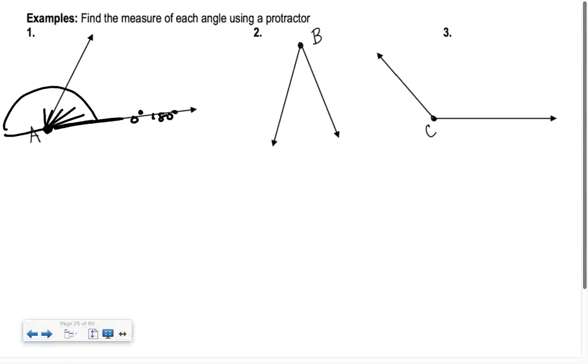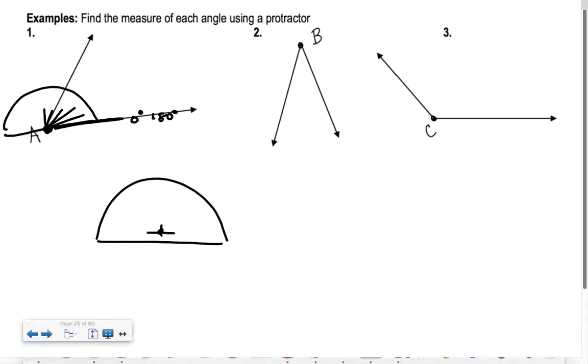Do you understand what I'm saying by that? Sometimes you have a little protractor that has little crosshairs, like this one. You're going to put your point, your vertex, right there on that hole. Everybody look at their own protractors and figure out what we need to do. Do we need protractors? Let me come around with some.